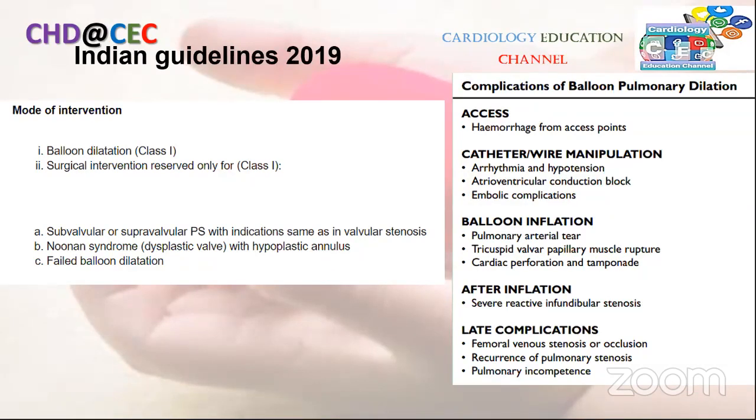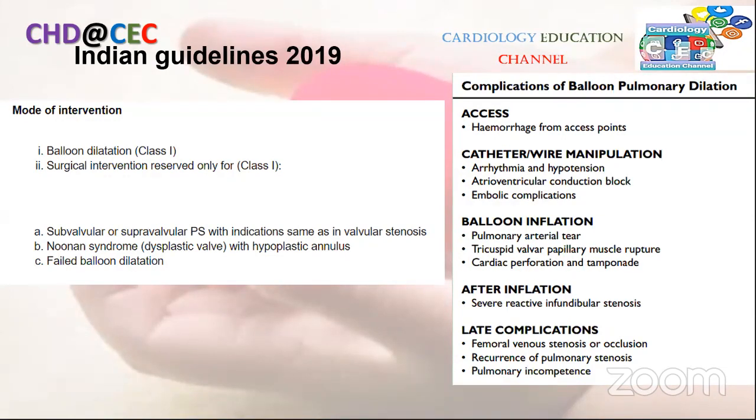As you just mentioned, balloon dilatation is the routine management. We usually reserve surgical intervention for when there is an association with valvular PS, either subvalvular or supravalvular, or a severely dysplastic pulmonary valve, when we are expecting a higher degree of damage to the pulmonary valve.